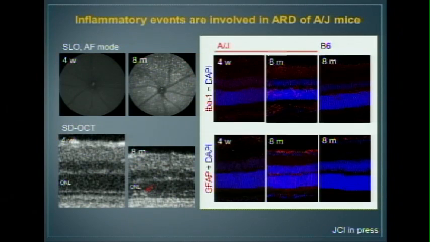And GFAP-activated Müller cells are positive for the 8 months old A/J mouse. It's not positive in 4 weeks old and 8 months old B6 mouse. So from these observations, an inflammatory event is involved in ARD pathology, and also this ARD A/J mouse retina is under stress condition.